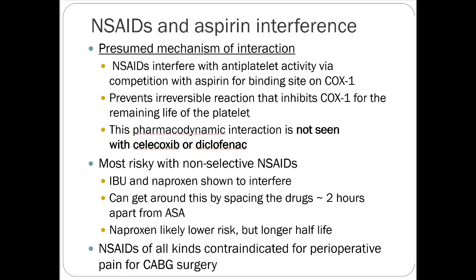Ibuprofen and naproxen are both shown to interfere, and you can get around it by spacing the drugs about 2 hours apart. So take the aspirin in the morning, and then take your NSAID a couple hours later. That can help a little bit because you aren't having the drugs in the systemic circulation reaching their max concentrations at the same time. Naproxen is likely lower risk, but also has a longer half-life to consider.